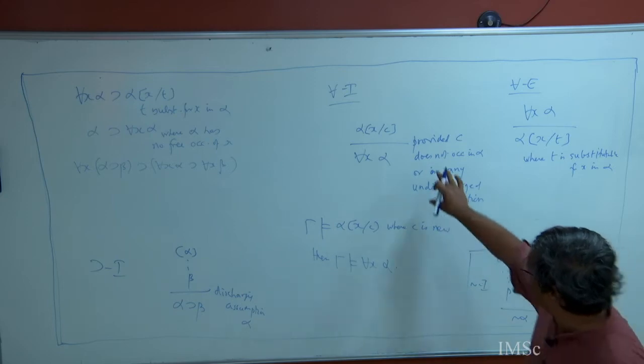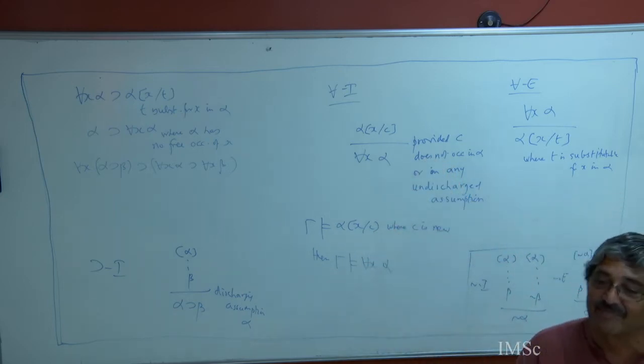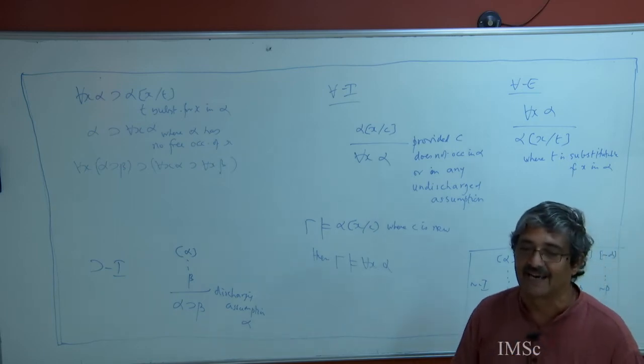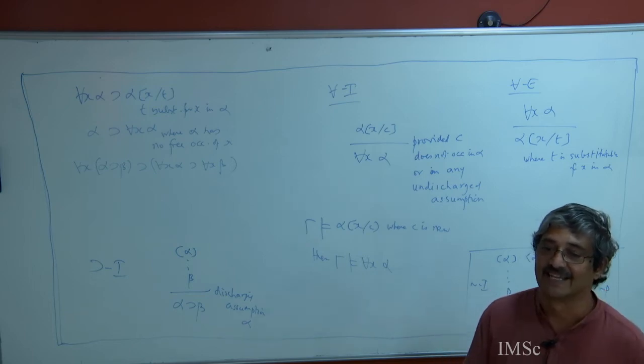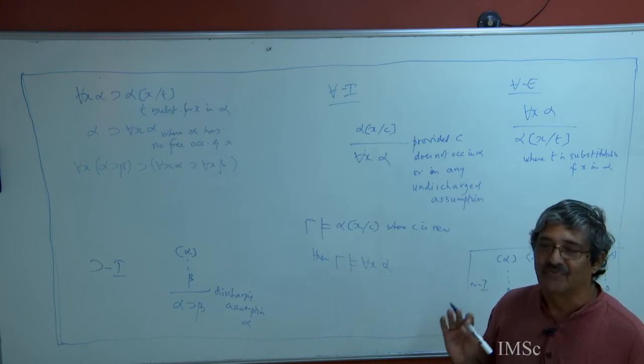This is the proof theoretic analog of the crucial lemma that I keep coming back to: generalization from constants, or in the form I stated last time, generalization from new variables. New syntactic elements, and that's the spirit of the universal quantifier. Once you understand that, you can do proofs very well.